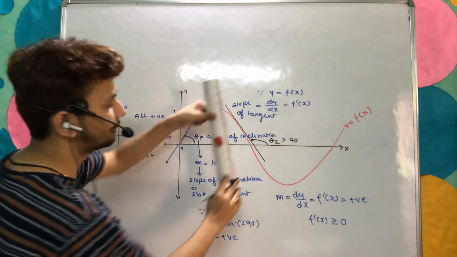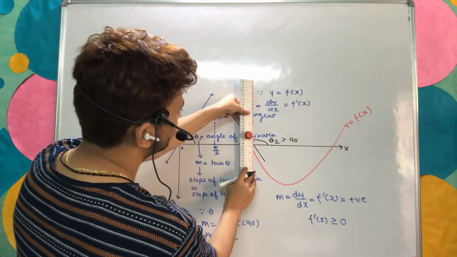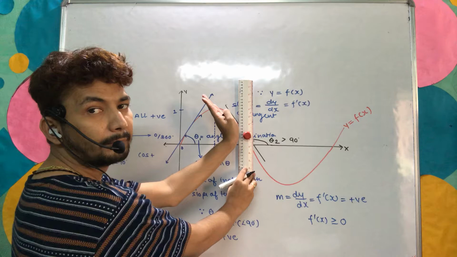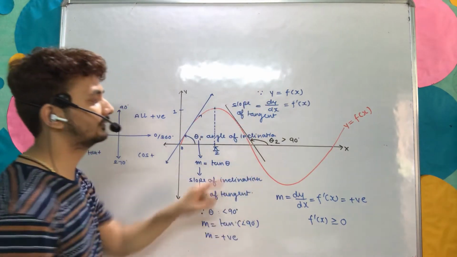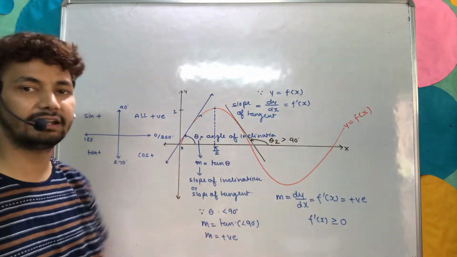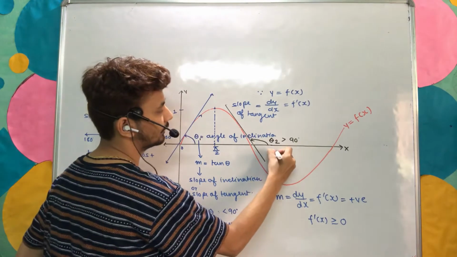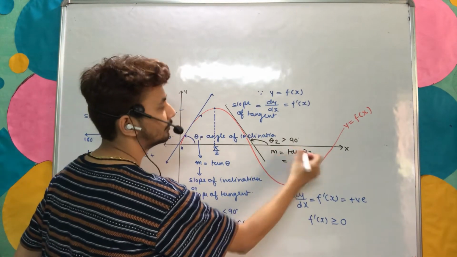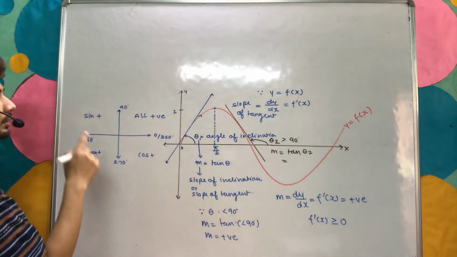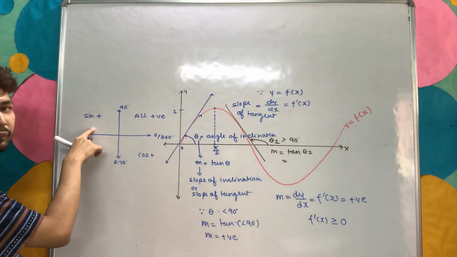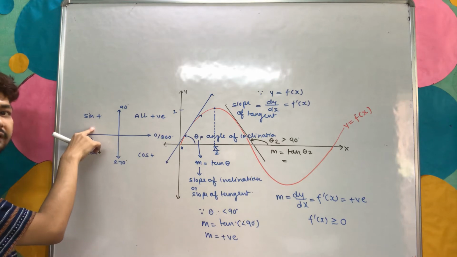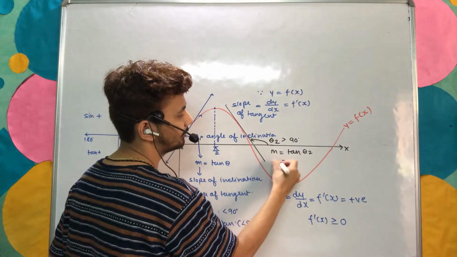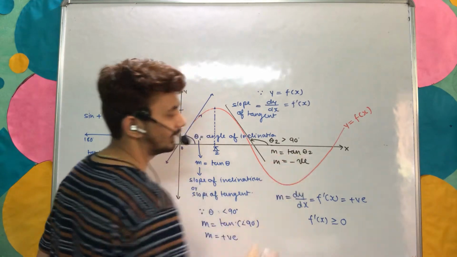If I draw a perpendicular line over there, here it is 90 degrees, and the tangent is moving more than 90 degrees, hence my theta 2 is more than 90 degrees. m equals tan theta, and theta is more than 90 degrees, so it is lying in the second quadrant. In the second quadrant, tan is always negative, so the value of m is negative.